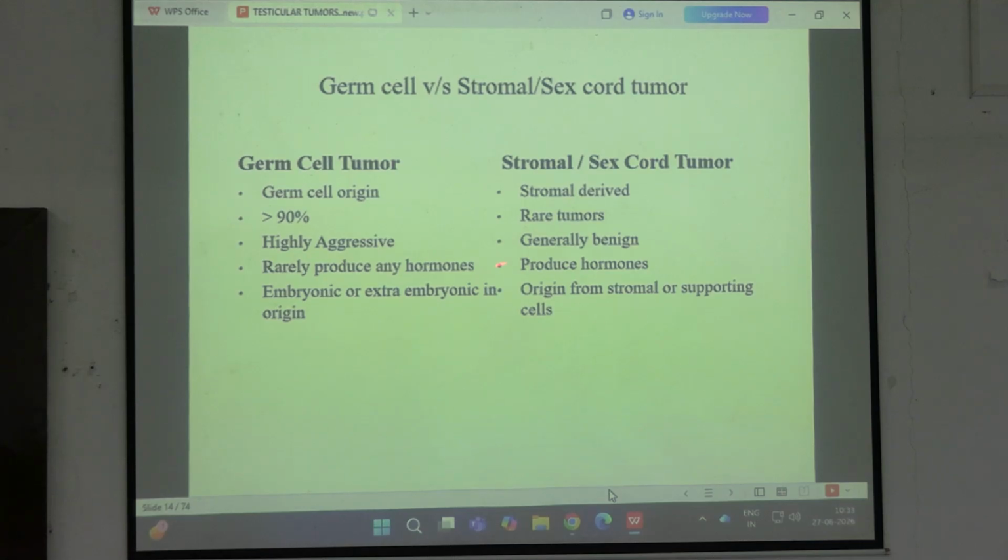Highly aggressive, rarely produces hormones, embryonic or extra-embryonic in origin. Stromal tumors are stroma derived, we know that they are rarer, they are generally benign, they produce hormones, and they originate from stromal or supporting cells.